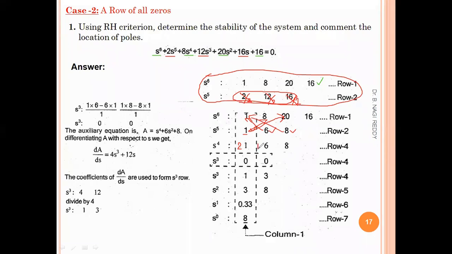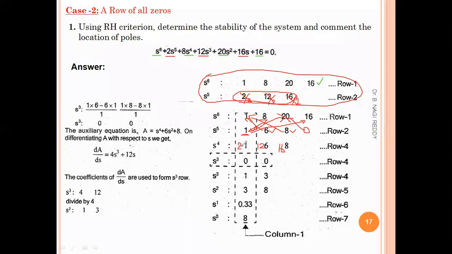And for the third coefficient, 1 into 16, and here there is no coefficient, so keep 0. So 16 minus 0 by 1 means 16 only. So here also we will get 16.